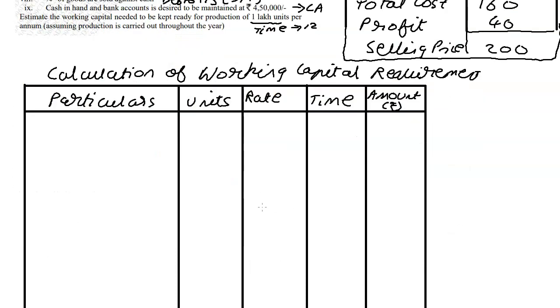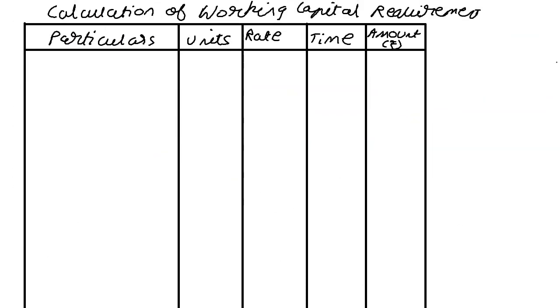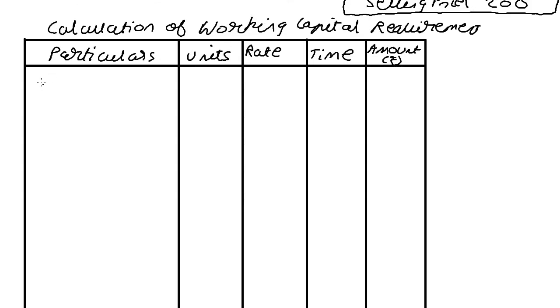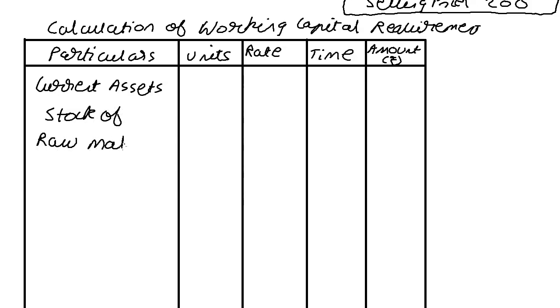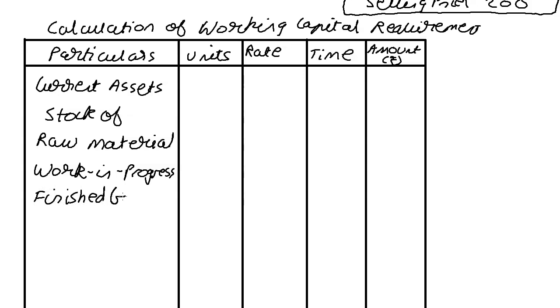Alright, now we are in a position to fill up the particular section of this table based on what we just saw above. So we have current assets, under which we have stock of raw material, work in progress, finished goods, debtors, cash.